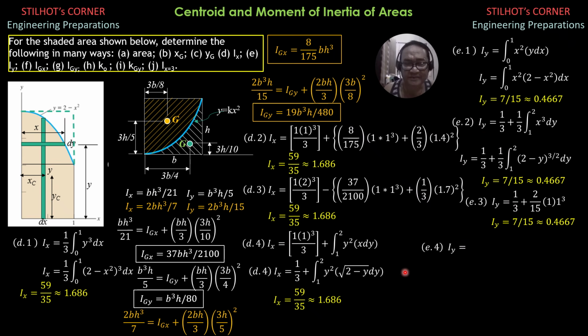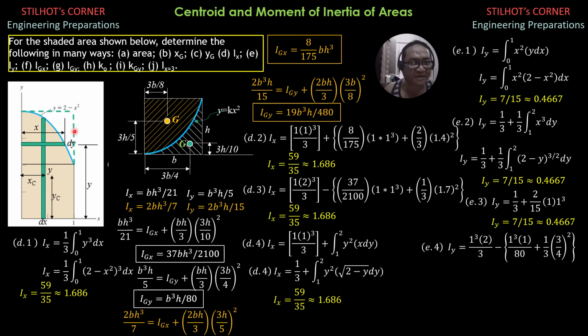Next method, IY is equal to moment of inertia of the square, rectangle rather, which is 1/3 b cube, this one 1 cube times height, which is 2 over 3.